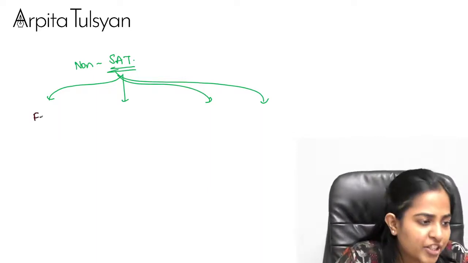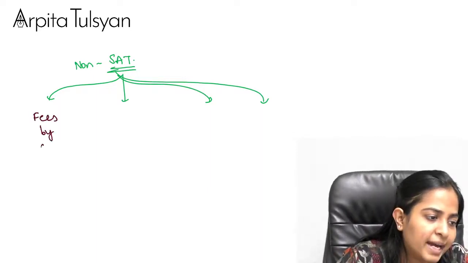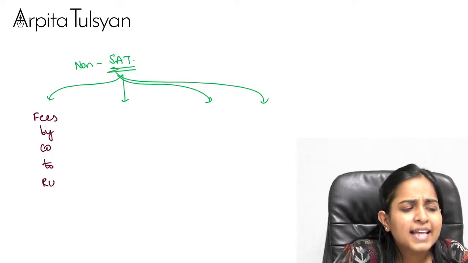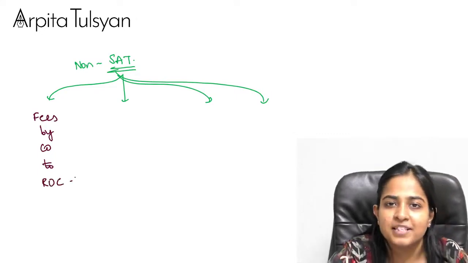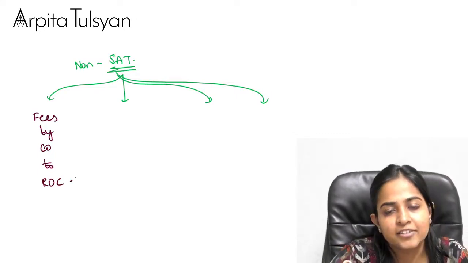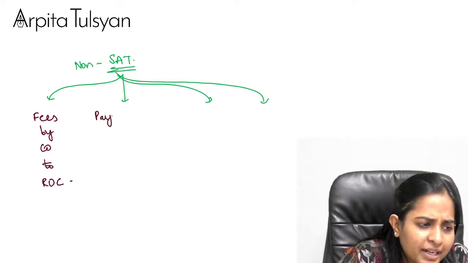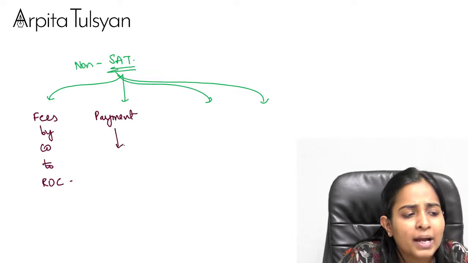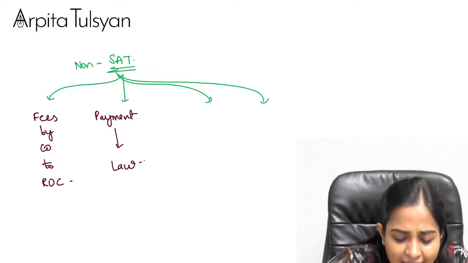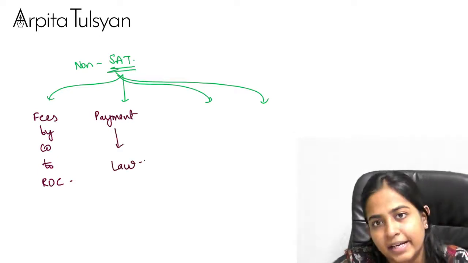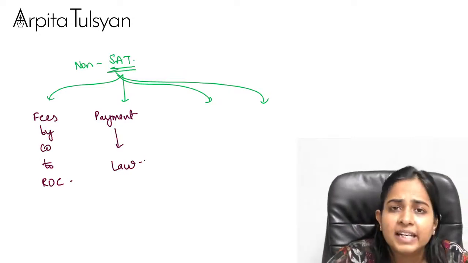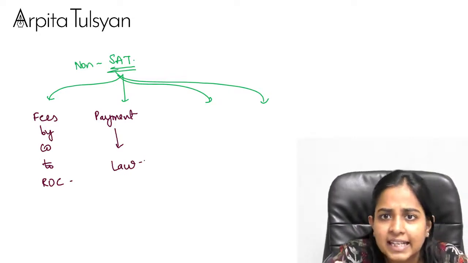One example I already gave you: fees paid by the company to the ROC. You have to pay that irrespective of your business, just because you are registered with the ROC. Or any other payment done to fulfill the requirements of the law, meaning as per law you have to pay it. For example, whenever you file any returns with the ROC, at that time you have to pay.